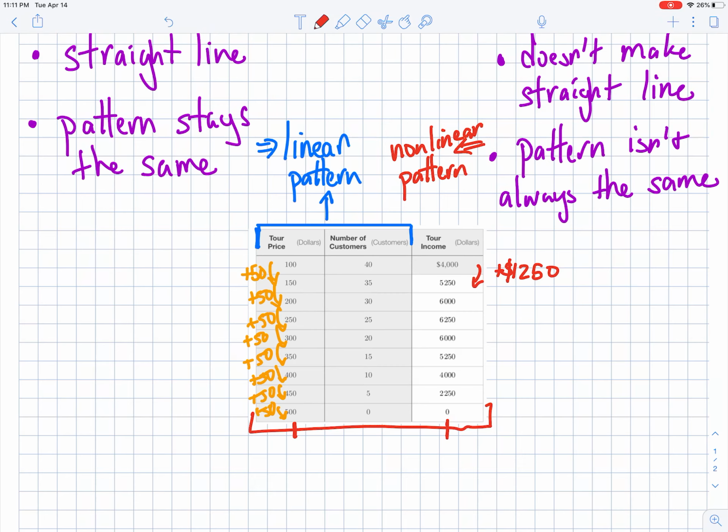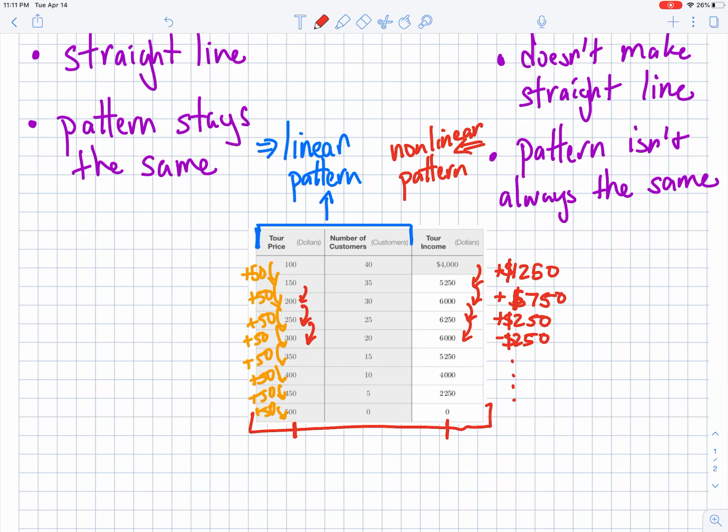We increase again. Our price goes up by $750. When we increase our price by 50 again, our income goes up by only $250. When we increase our price again by 50, our tour income actually goes down by $250, right?